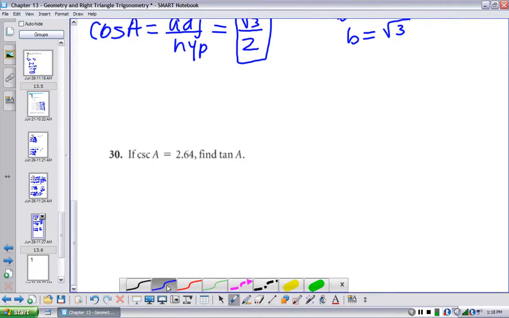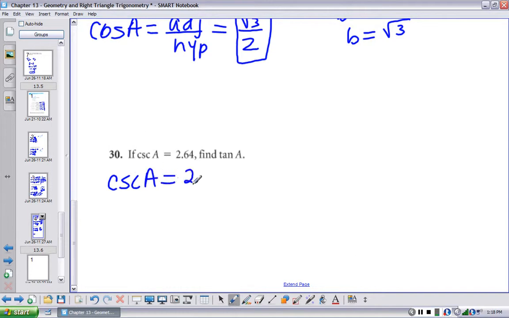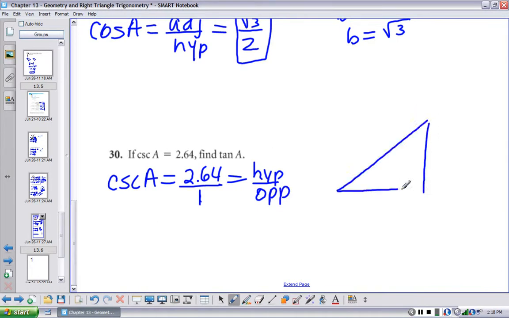All right, number 30. If we know that cosecant A is 2.64, we can call that 2.64 over 1. And cosecant is hypotenuse over opposite. So we can draw our triangle. This is our angle A, little a. We have our hypotenuse, 2.64. The opposite side is 1.